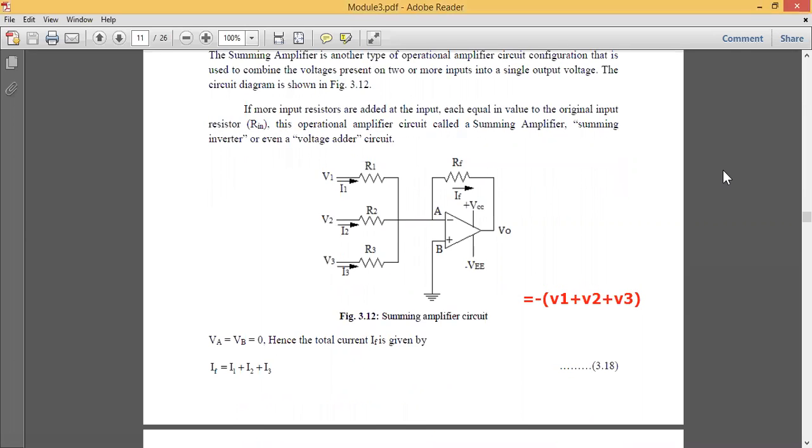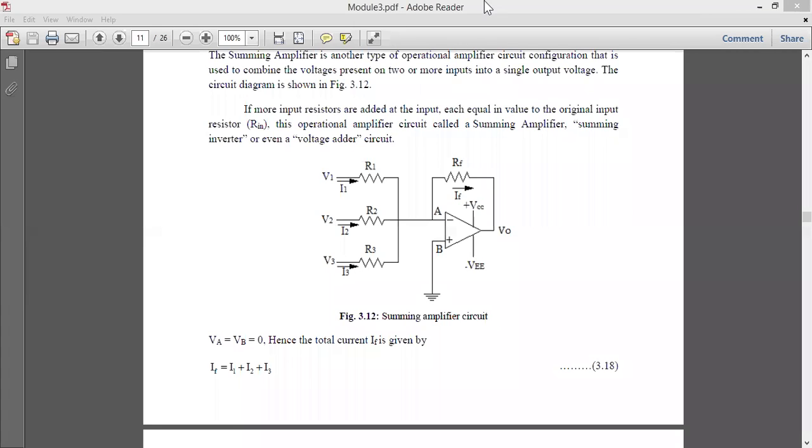If you look at this figure, how many voltages do I have? Three voltages, and each has some current: current I1, current I2 and current I3.